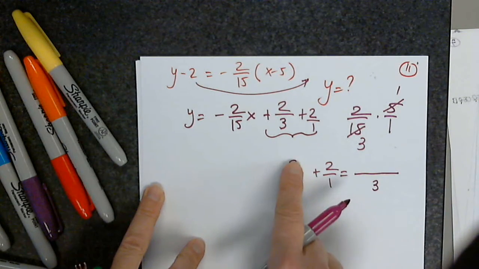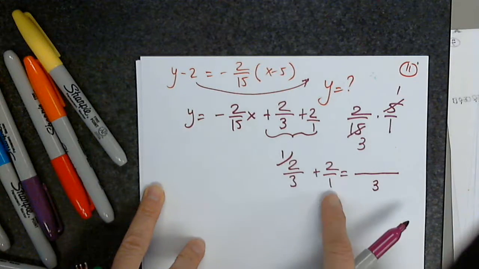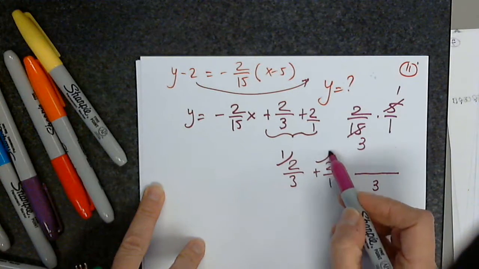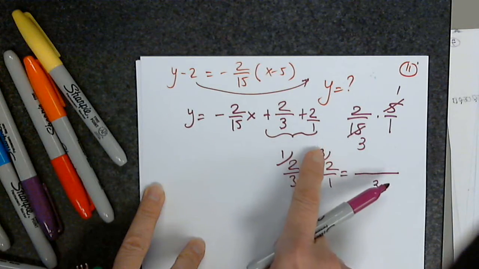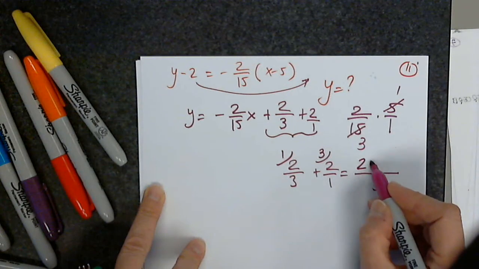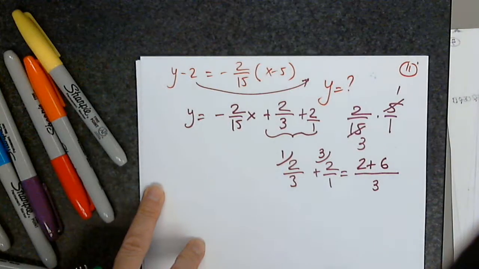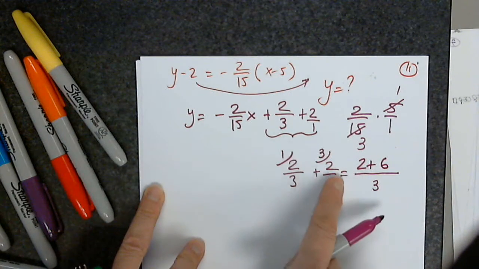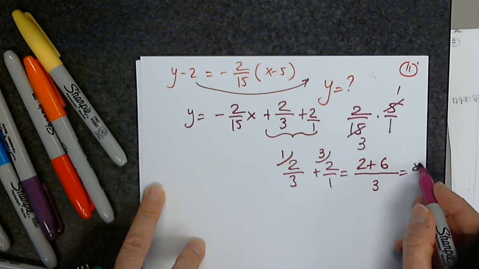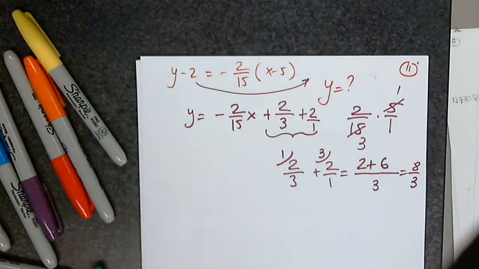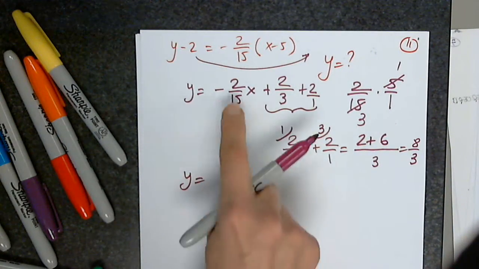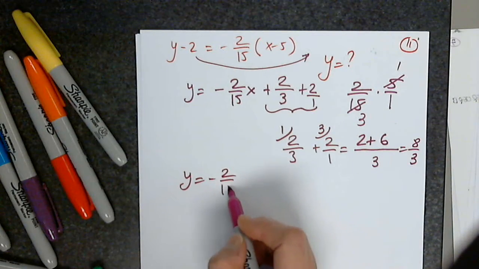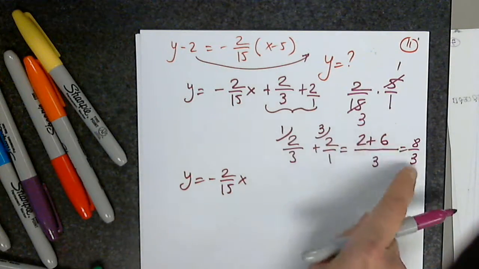So then 3, the numerator doesn't need anything, but this one needs what? Times 3. Yes. So 1 times 2 plus 3 times 2. So 2 plus 6. So this is 8 over 3. So the equation is y equals negative 2/15 x plus 8/3.